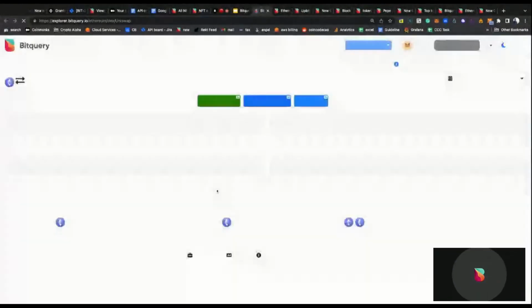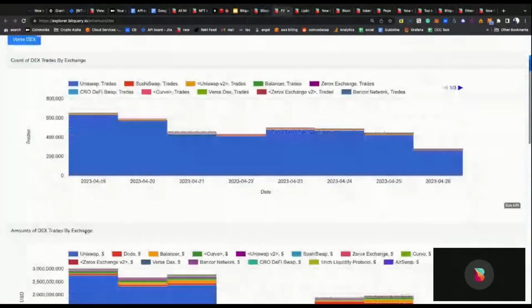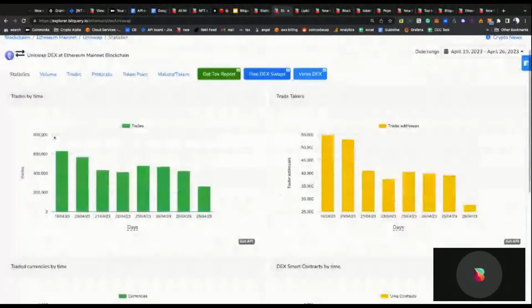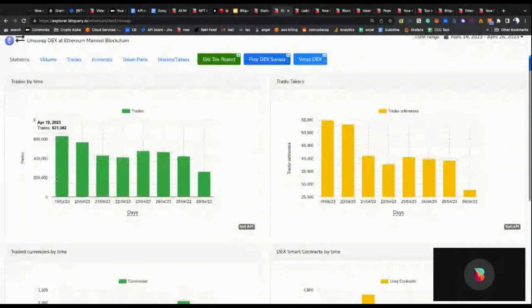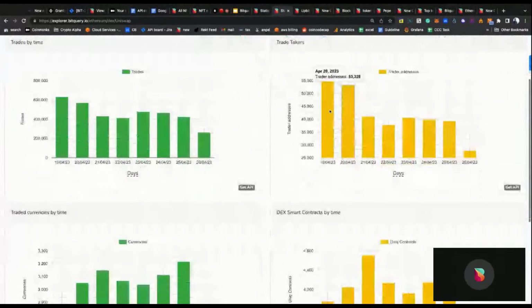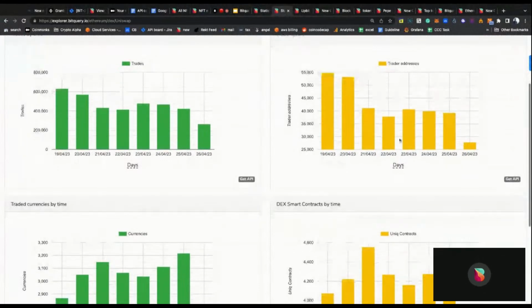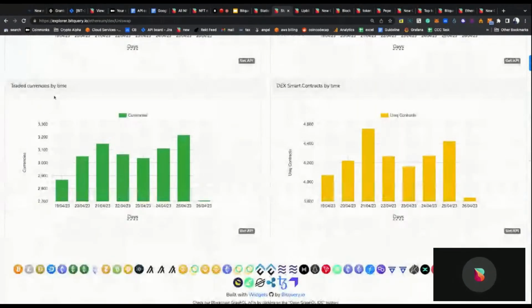Let's say if you want to dig into Uniswap, so for example, from here you can go into Uniswap, and you see just Uniswap related stats basically. So you see how many trades are happening, how many traders are active. For example, there are around 40,000 traders trading on Uniswap each day. You see traded currency.